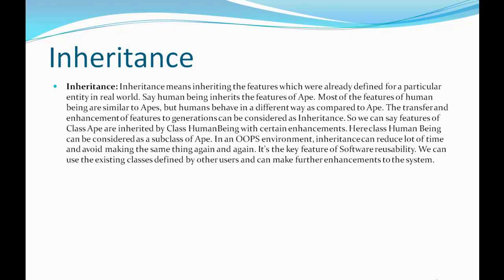Inheritance is the key feature of software reusability. We can use the existing classes defined by other users and can make further enhancements to the system by making use of inheritance. We can extend the features of predefined classes.